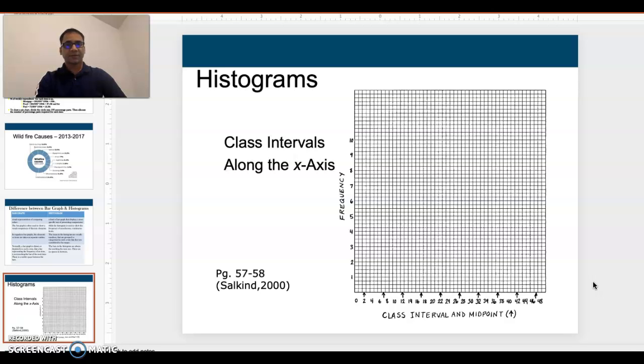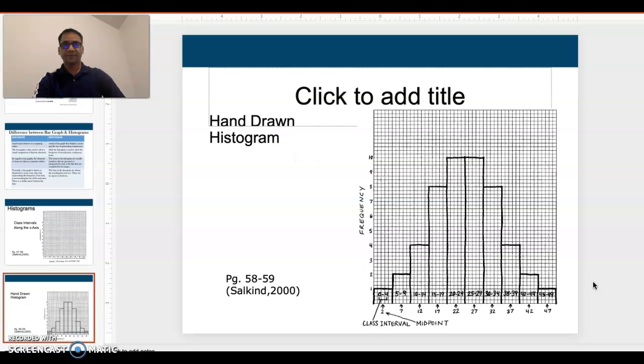On the x-axis below, you can see the class interval. The point is in the middle, and for each of them you can see we have listed the numbers for each line, starting from 0 till 48, and the vertical y-axis is frequency.